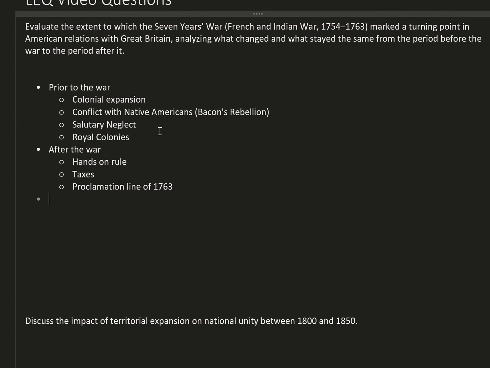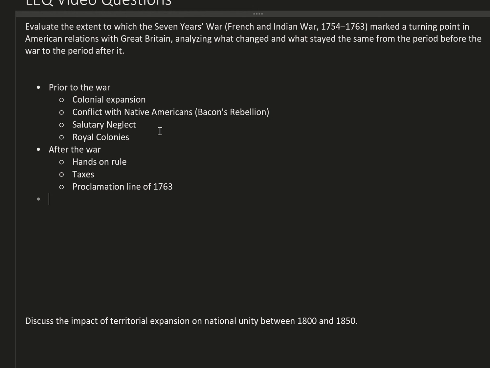The way that I would take a look at this, I wouldn't want to just do an intro paragraph with a thesis, here's how it's the same, here's how it's different. I want to break it down thematically.